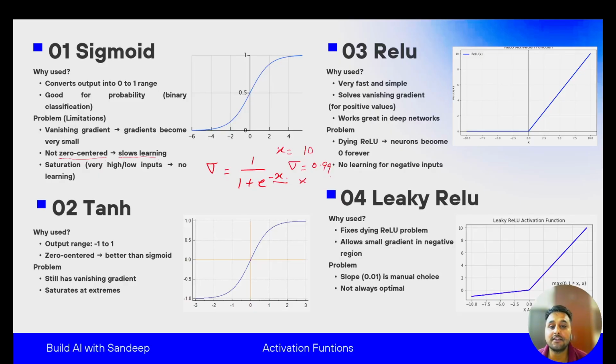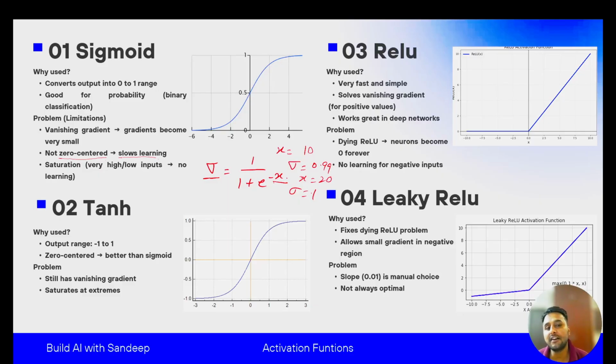When X is 20, then sigma is even closer to 1, approximately 1. So for very big values, the output of sigmoid is 1 for each bigger value. That means our output reaches the saturation point. It is not increasing at all when the input is increasing.